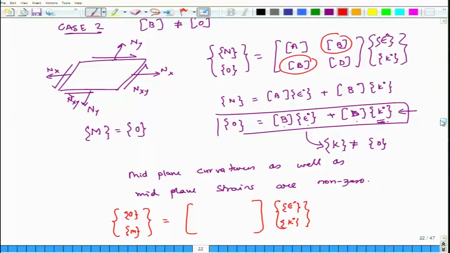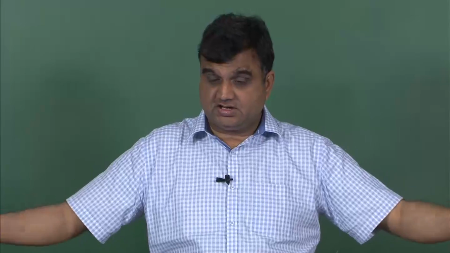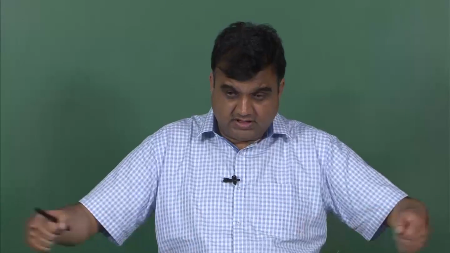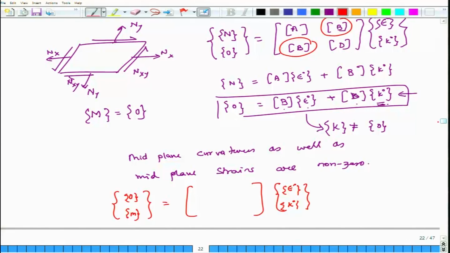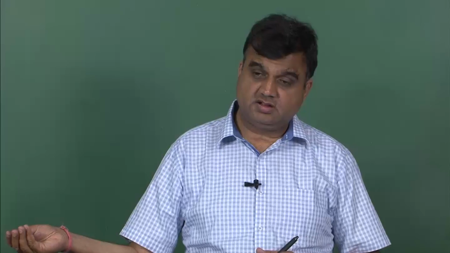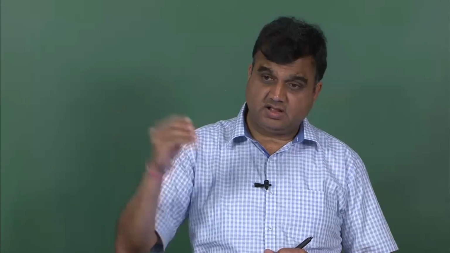So, what this tells us is that if the B matrix is non-zero, then even if we are just pulling the plate in a straight direction, it will not only expand and contract, but it will also bend. And that is why it is called the coupling matrix, because it couples the mid-plane response of the plate to the mid-plane curvature of the plate.